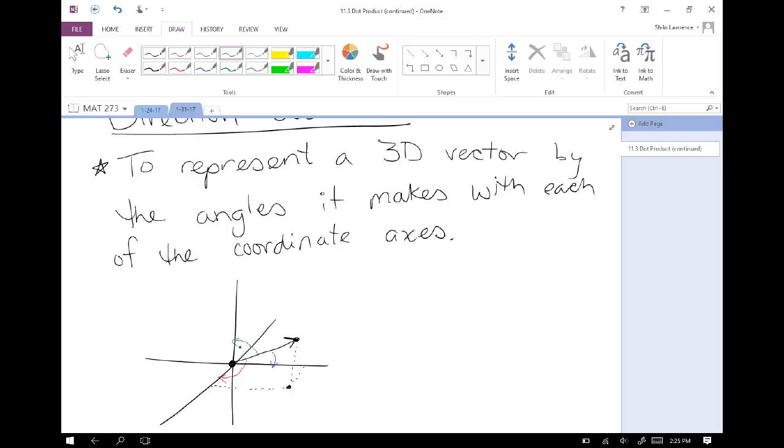So we could say this vector is 80 degrees from the x-axis, and it's 20 degrees from the y-axis, and it's 50 degrees from the z-axis.